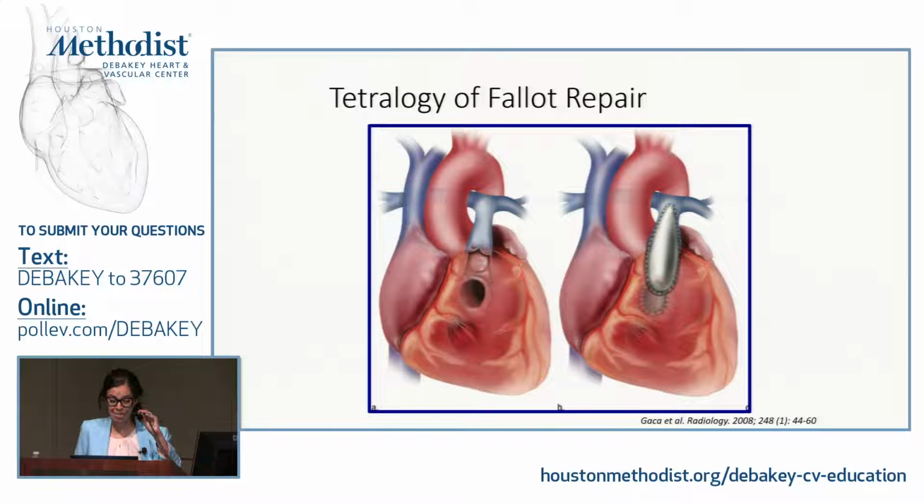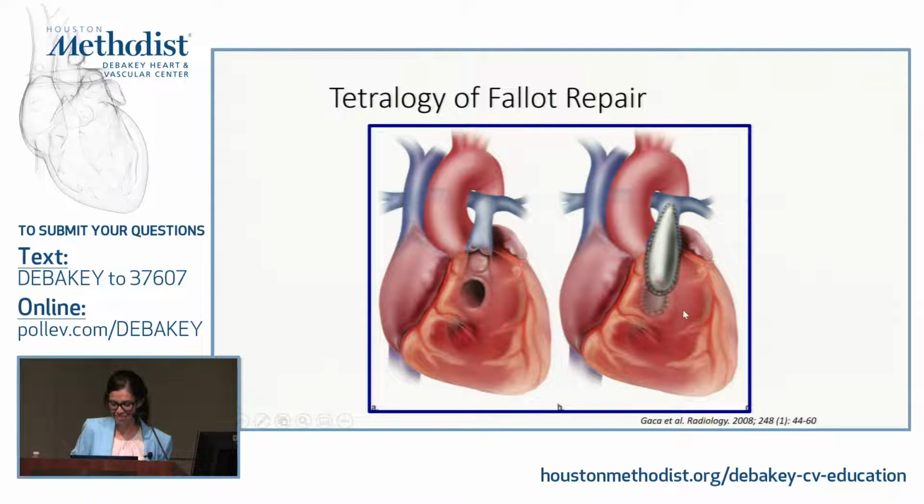It also causes a conoventricular VSD, overriding of the aorta, and the RVH is just a secondary finding to the RVOT obstruction.